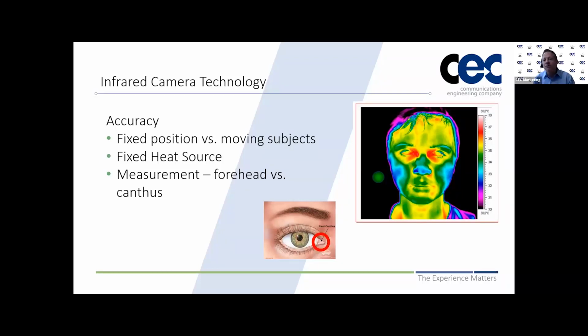So imagine an employee that is coming in from a very cold outdoor temperature, gets inside, and you go through the IR. Chances are that's going to impact the measurement. The better method is to measure at the tear duct. In medical terms, that's called the inner canthus. And I'm no doctor, so I'll stick with the tear duct reference.